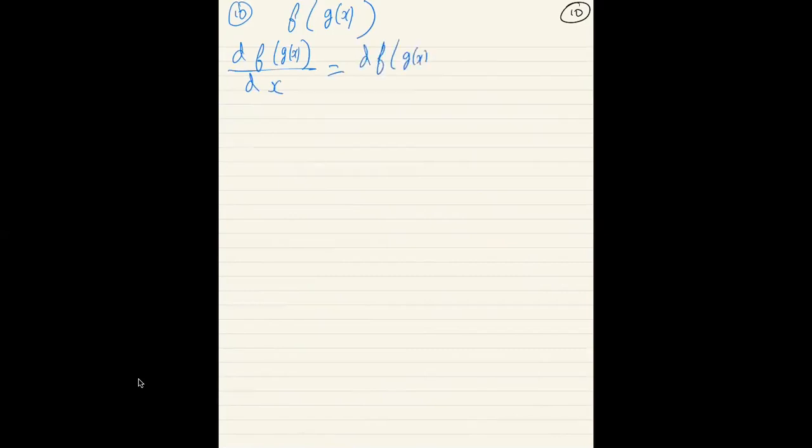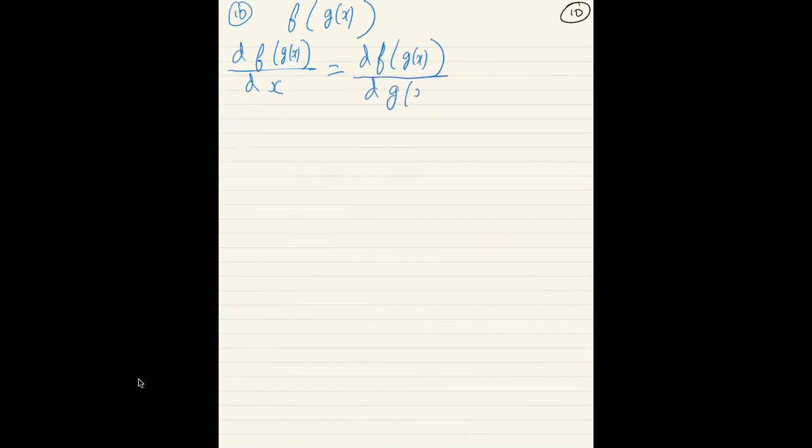Let's go to another one, which is instead of a product of two functions, what happens if we have a composition of two functions? If we have f of g of x, this one is actually easier to derive. You can think of it as d of f of g of x by d of x is given by d of f of g of x, and think of g of x as a variable on its own.